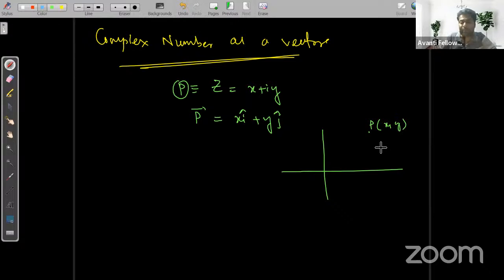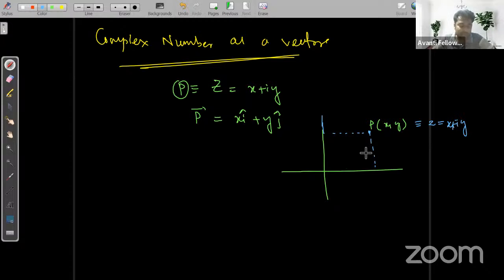In vector terms, to reach this point we need to cover x units on the x-axis and y units on the y-axis to reach the point P. Similarly here, if you draw two perpendiculars from point P to the real axis and the imaginary axis, this is my point P with coordinates x, y, and z is equal to x plus iy.